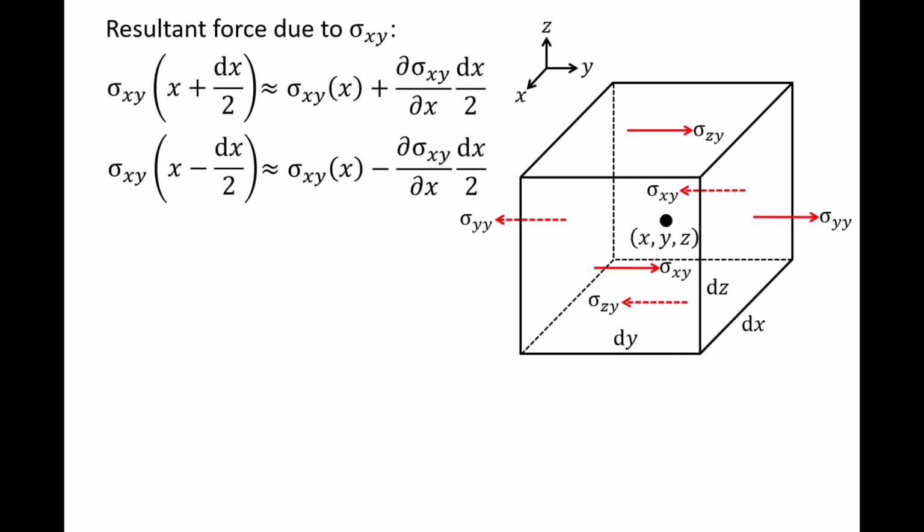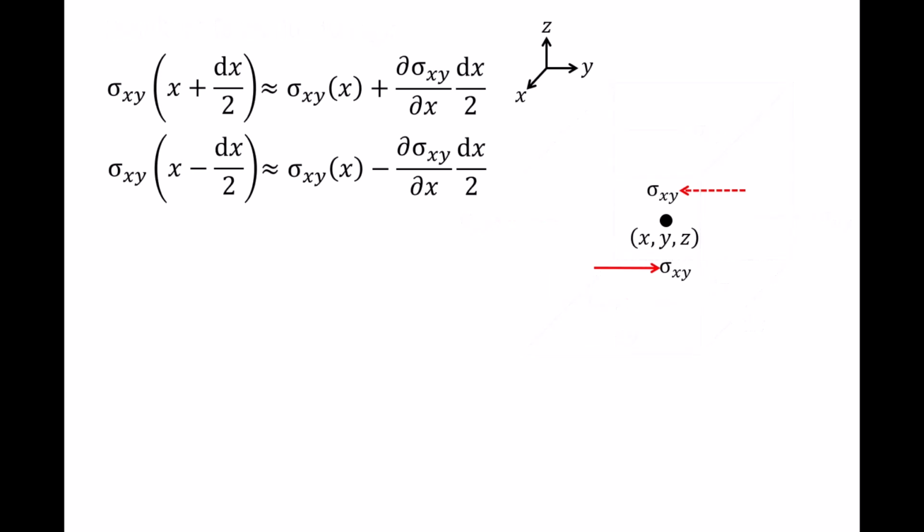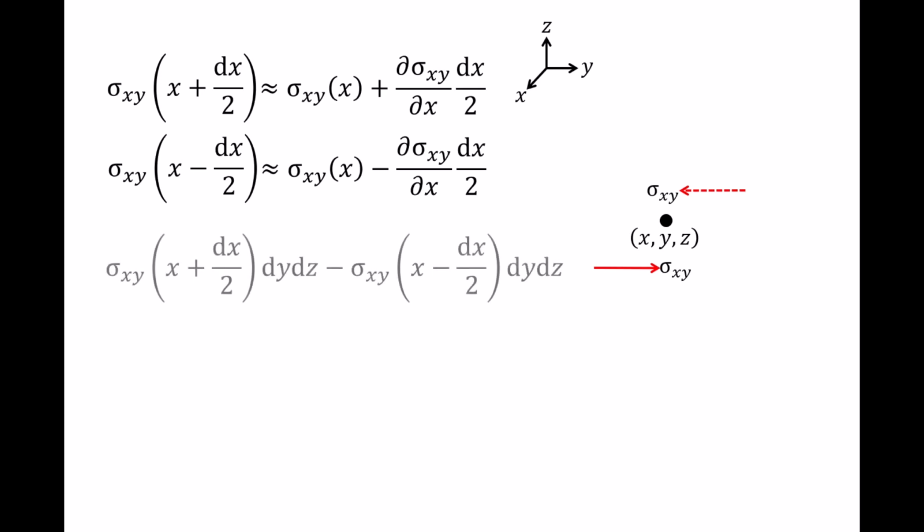In order to find the forces due to the stresses, we multiply the stresses by the area on which the stresses act. And the area of the front and rear surfaces is dy times dz. So we multiply sigma xy by dy dz to obtain the forces caused by sigma xy. The resultant force due to sigma xy is sigma xy at the front surface times dy dz minus sigma xy at the rear surface times dy dz.